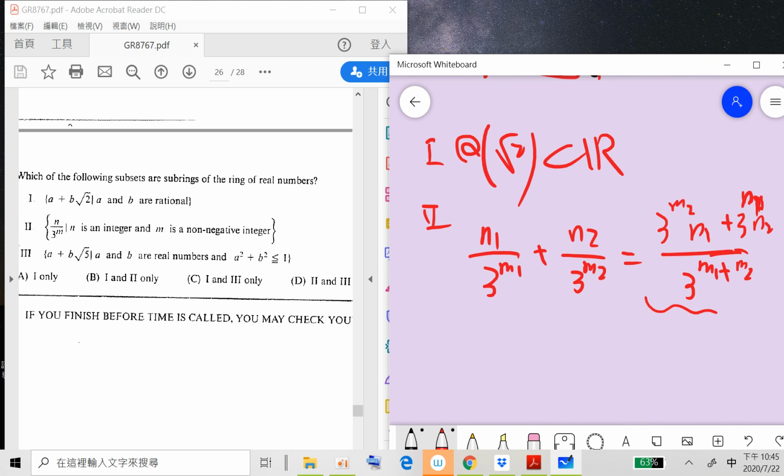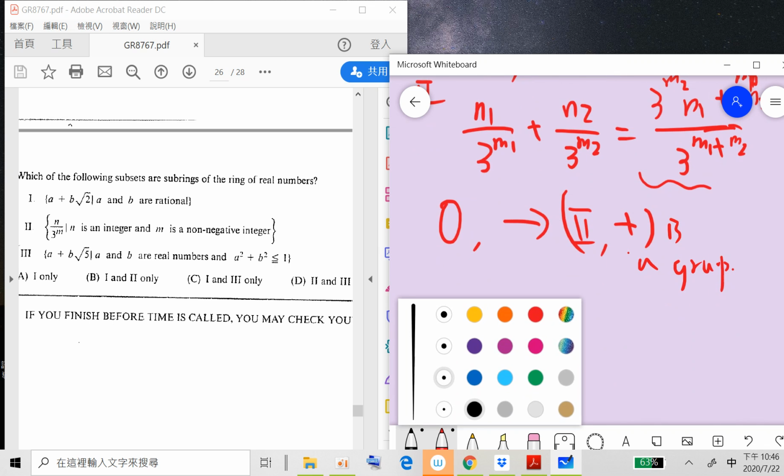The inverse is minus n1 divided by 3 to the m1. And then we have the identity. The identity is 0. So basically, the second is a group under addition.